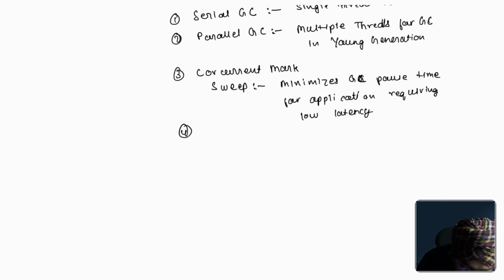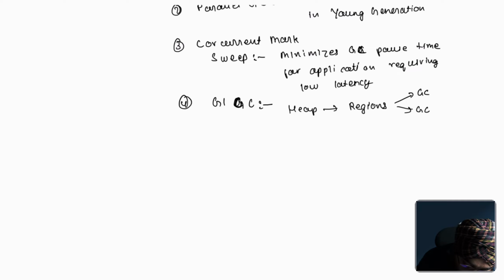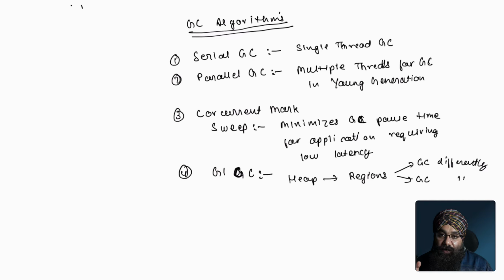And the fourth one is G1GC. It divides the heap into regions and collects them differently. Based on different regions, it runs different cycles of garbage collection. These are the common garbage collector algorithms.